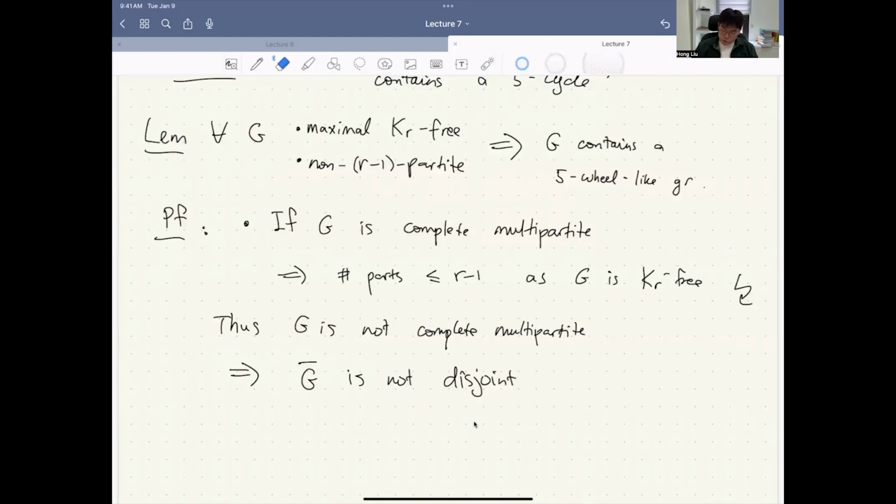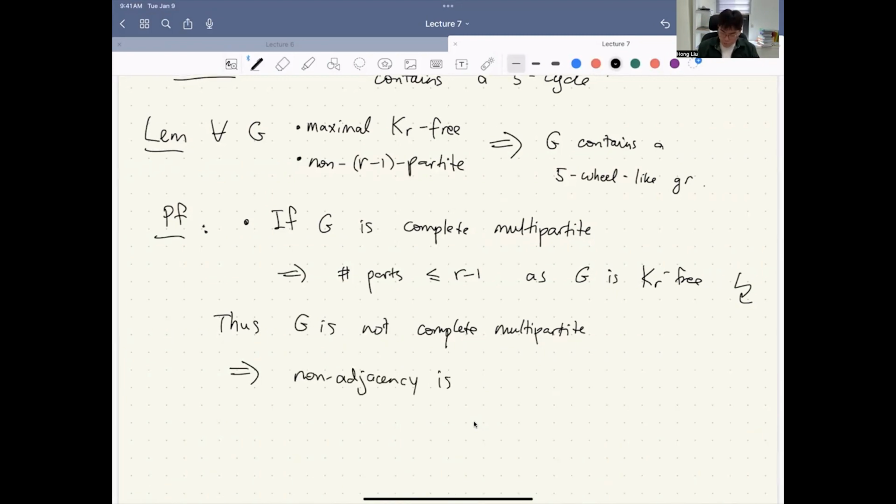Actually, we don't need to do this. We just need to say G is not complete multipartite, right? So that means non-adjacency is not an equivalence relation.